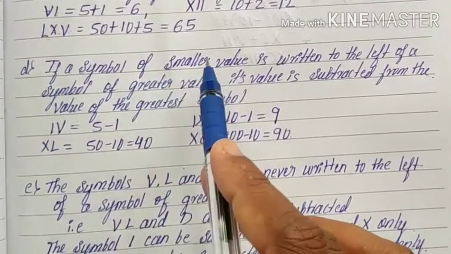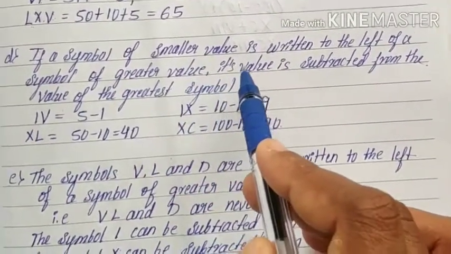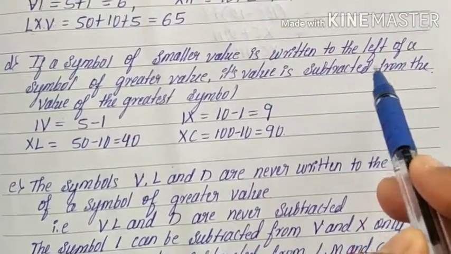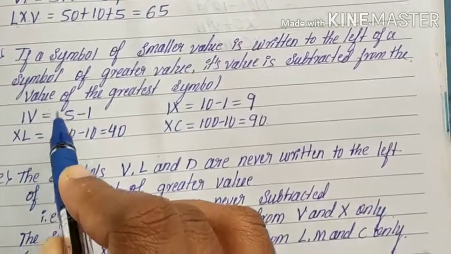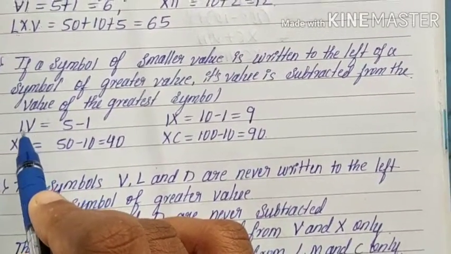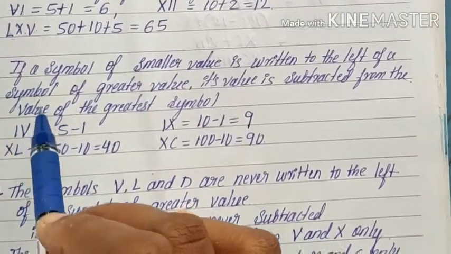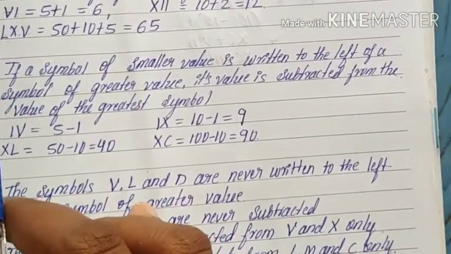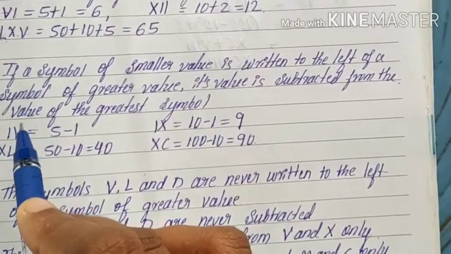If a symbol of smaller value is written to the left of a symbol of greater value, its value is subtracted from the value of the greater symbol. See here, 4 is there. We can't write one digit 4 times because we can write it only 3 times, not more than 3. At that time, what will we do?